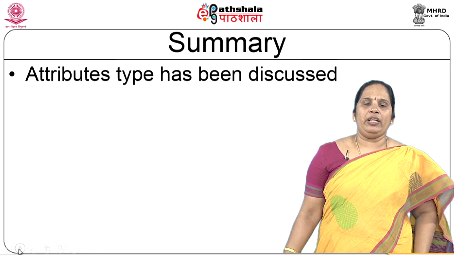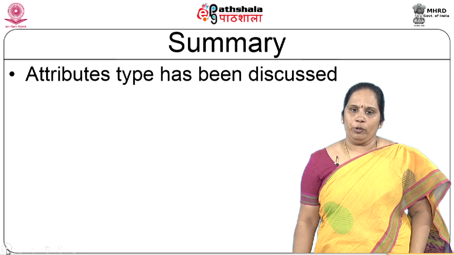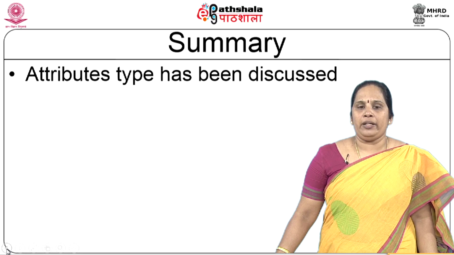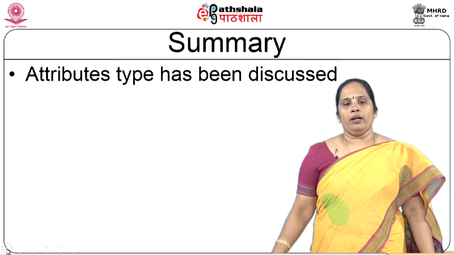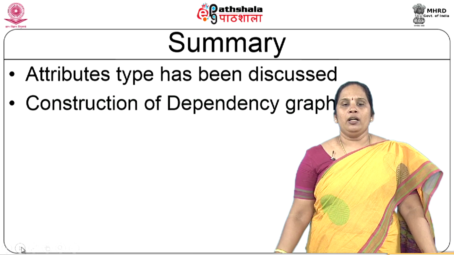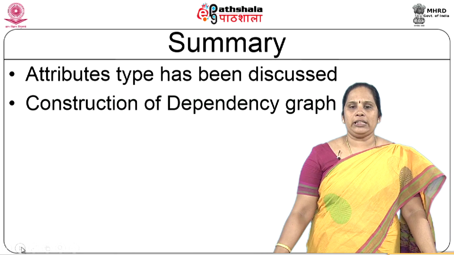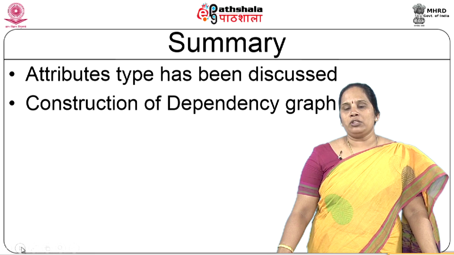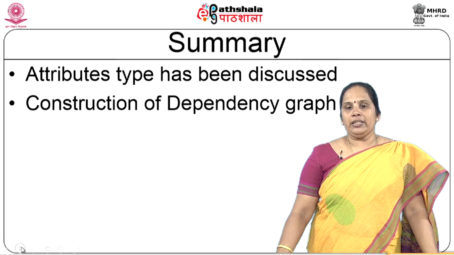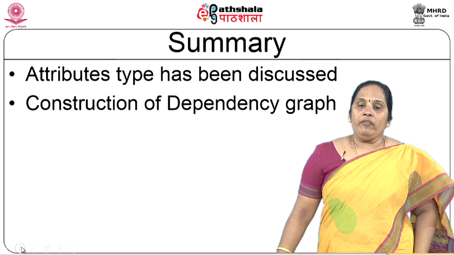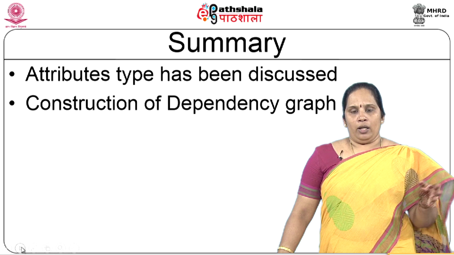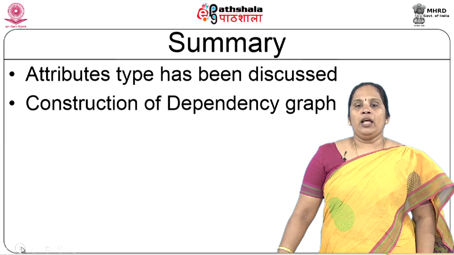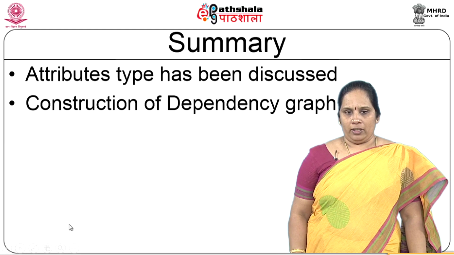Based on this, we have actually looked at the attributes, attribute types, that is, synthesized and inherited attributes have been discussed, and we have also talked about construction of the dependency graph and topological sorting as a means of sorting the nodes of the dependency graph, where the dependency graph is constructed based upon having semantic rules, that is going to look at all the grammar constructs, and evaluation order is on the dependency graph.